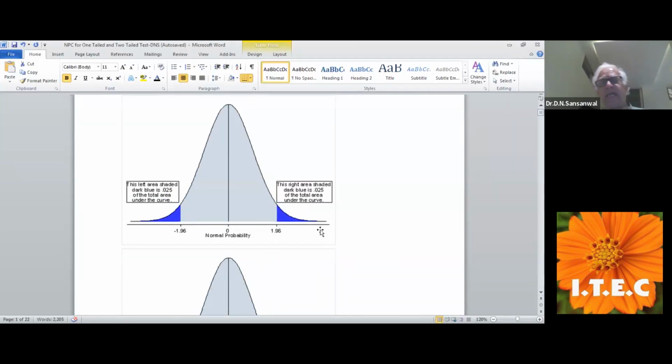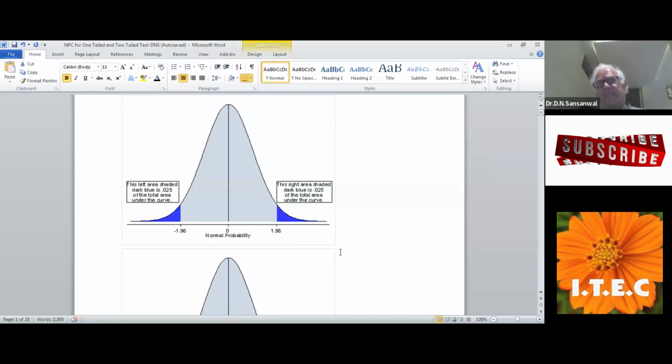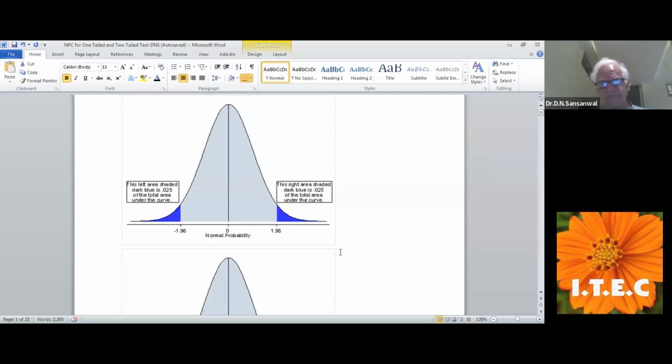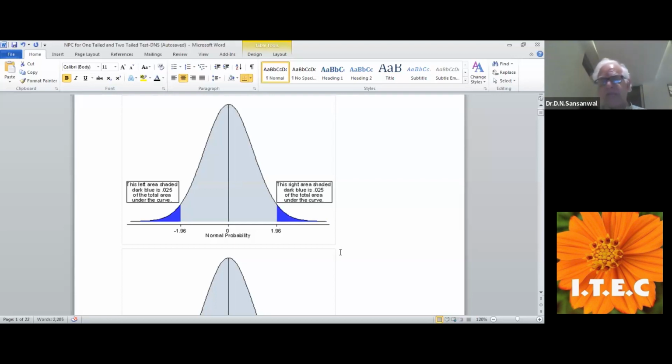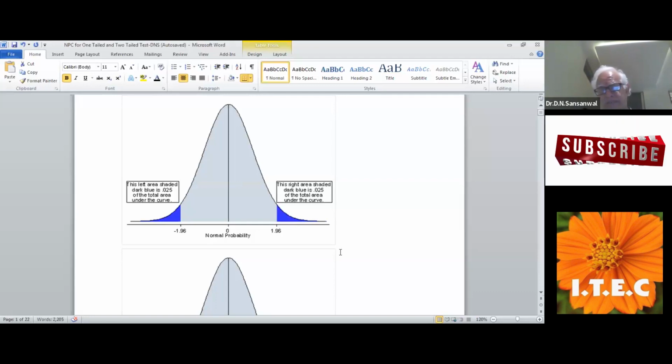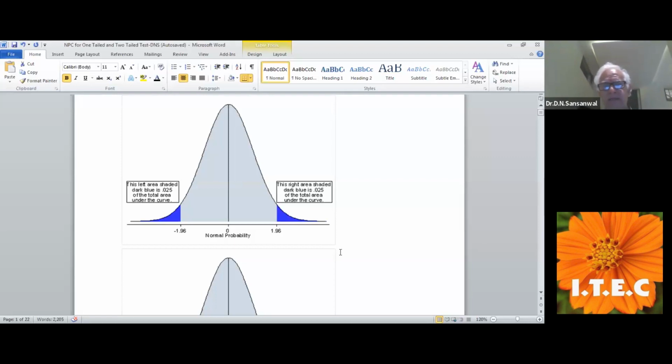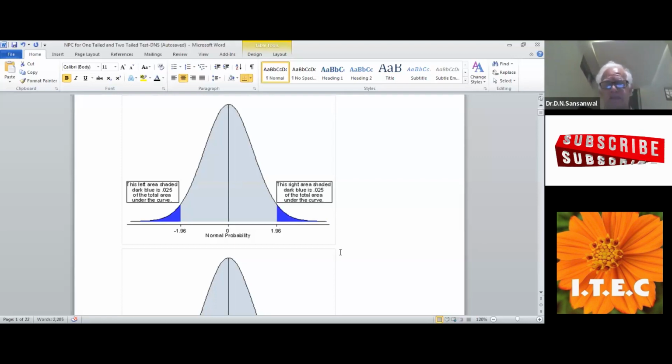Why? Can any one of you tell me why the normal probability curve does not touch the x-axis, or the horizontal axis? I'm waiting for your answer.